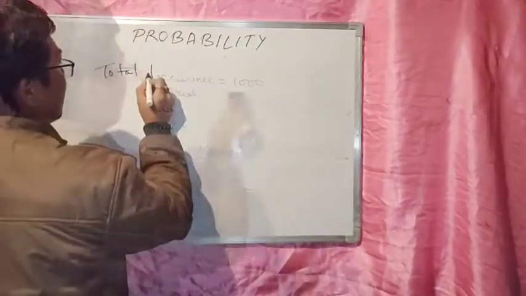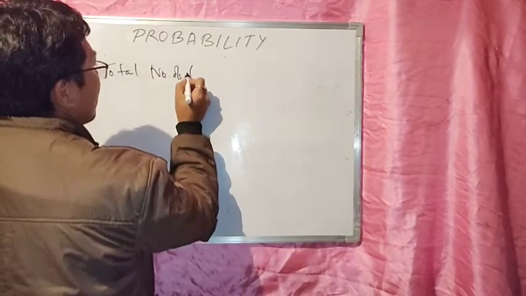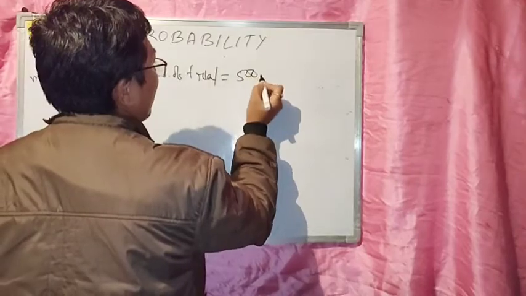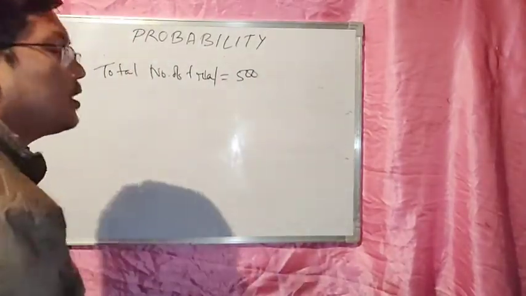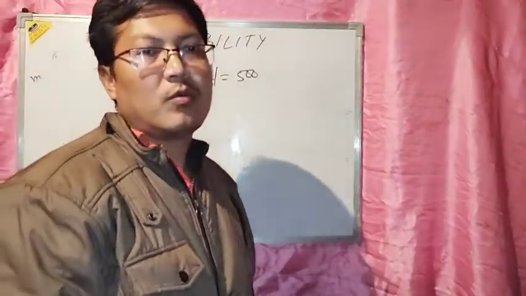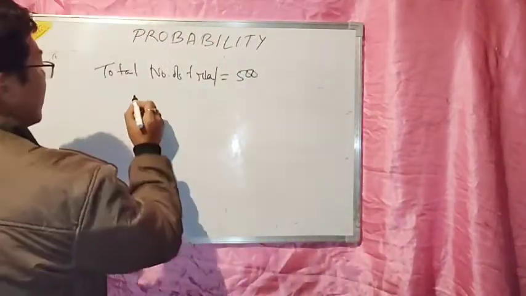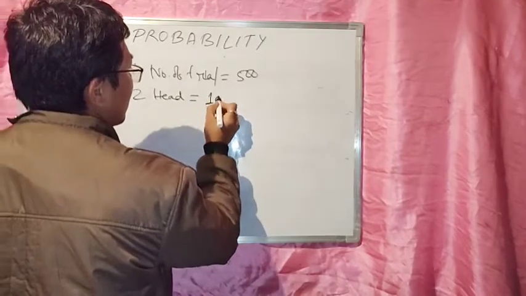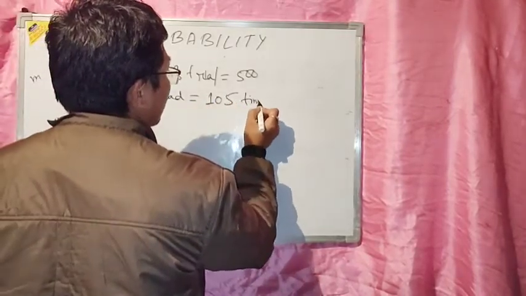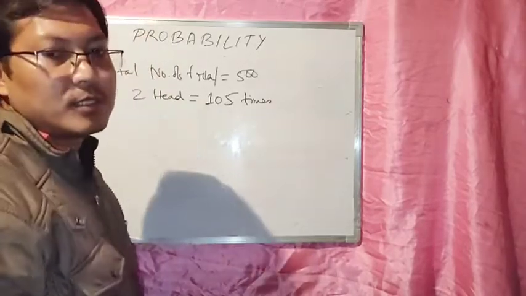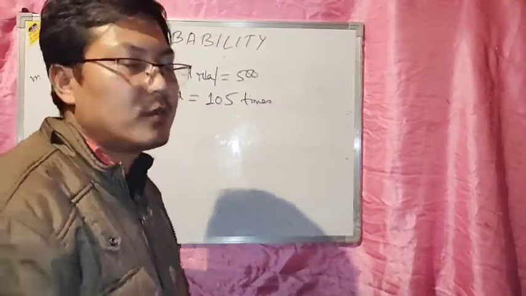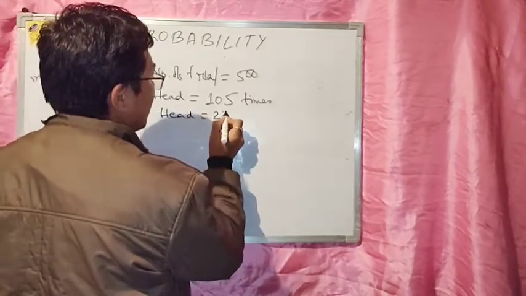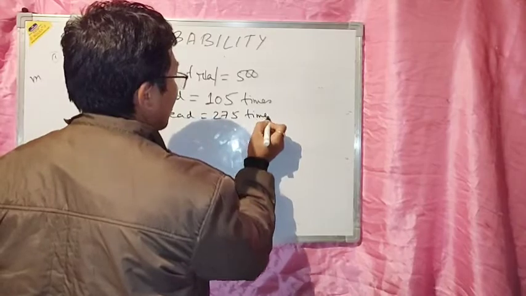Here the total number of trials is given: 500. Then 2 heads is given 105 times. Then 1 head, 275 times.